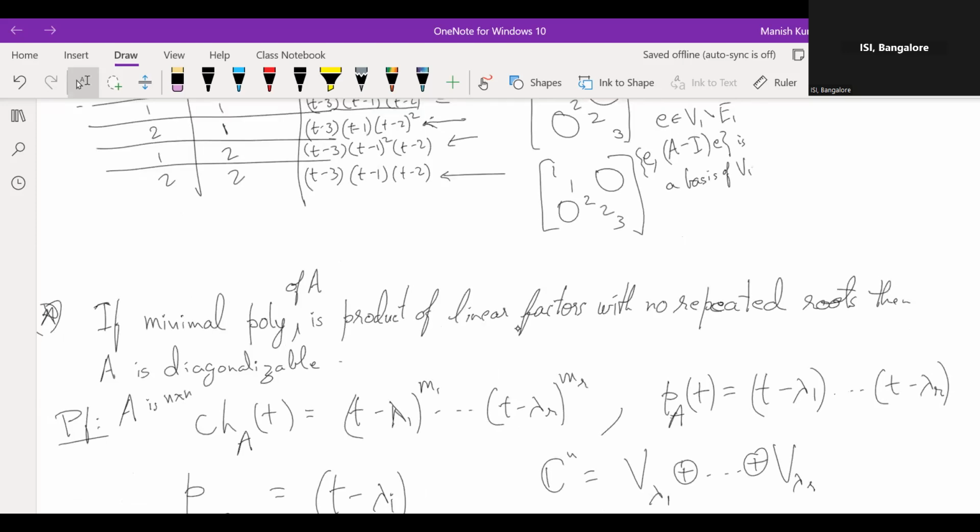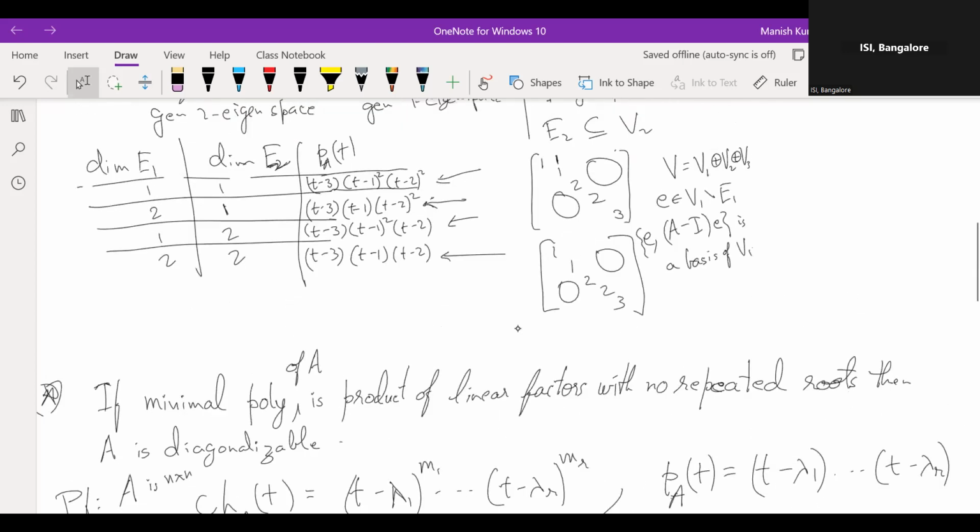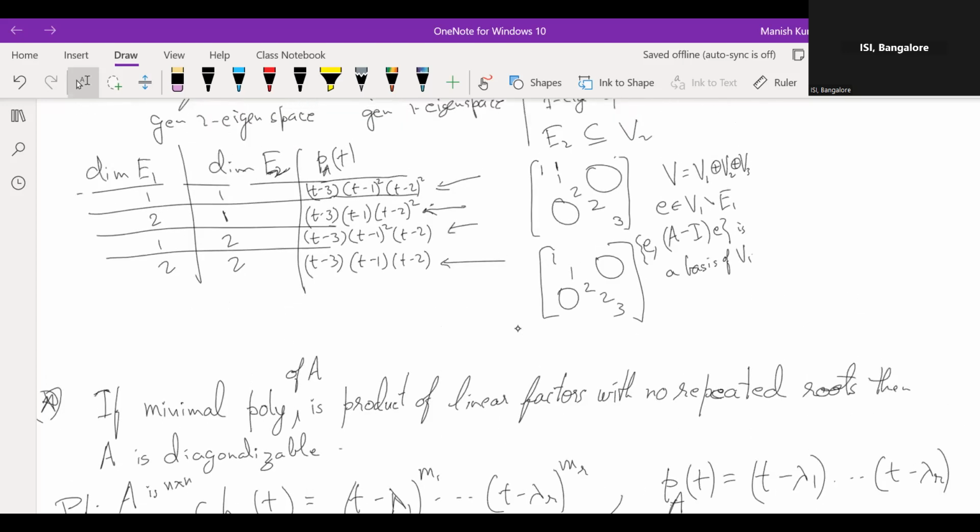We showed that if the minimal polynomial has linear factors, then it is diagonalizable. And of course, if it is diagonalizable, the minimal polynomial doesn't depend upon the matrix, it only depends upon the equivalence class of the matrix up to similarity.